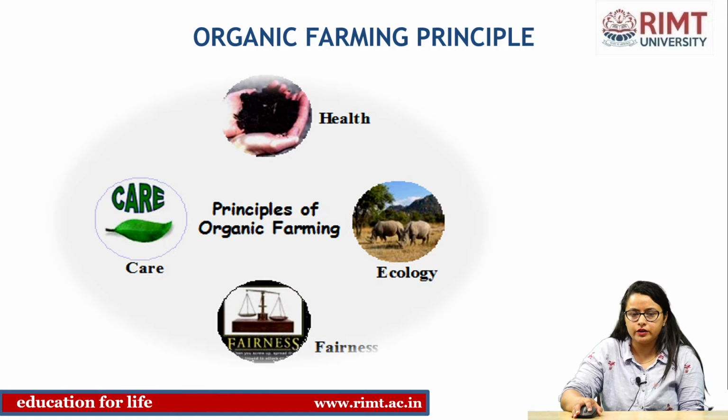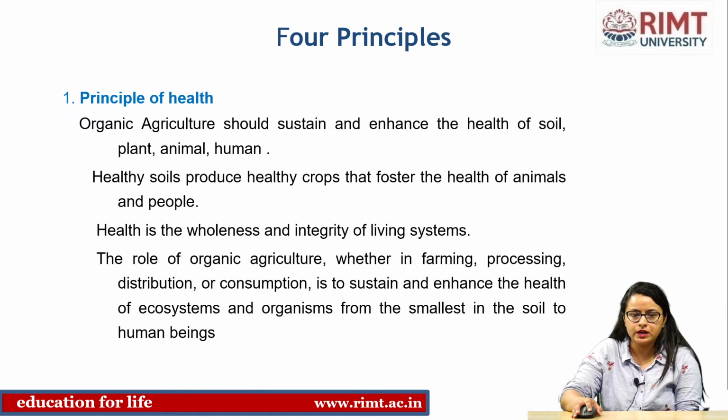The principles of organic farming are the principle of health, principle of ecology, principle of fairness, and principle of care. These are four principles, and the first is the principle of health. Organic agriculture should sustain and enhance the health of soil, plant, animal, and human, and healthy soil produces healthy crops that foster the health of animals and people.